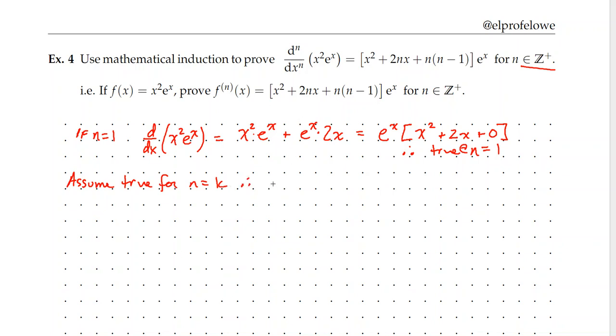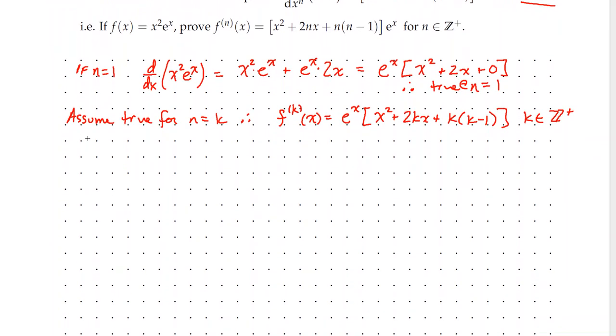Therefore, we're going to say that our kth derivative is going to be given by, and I'm just going to rearrange to put the e to the x in the front, e to the x times x squared plus 2kx plus k times k minus 1, where k is some positive integer. I want to be careful, it's not the nth derivative, it's the kth derivative. So that's our inductive hypothesis.